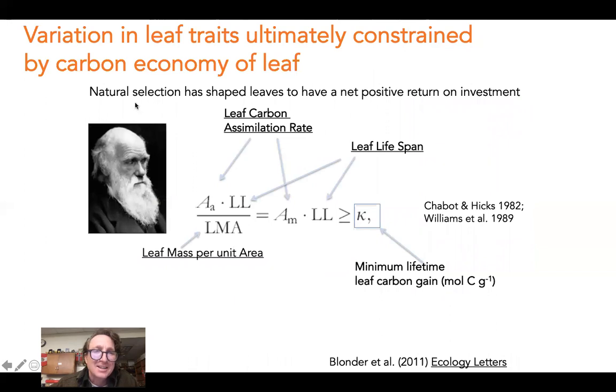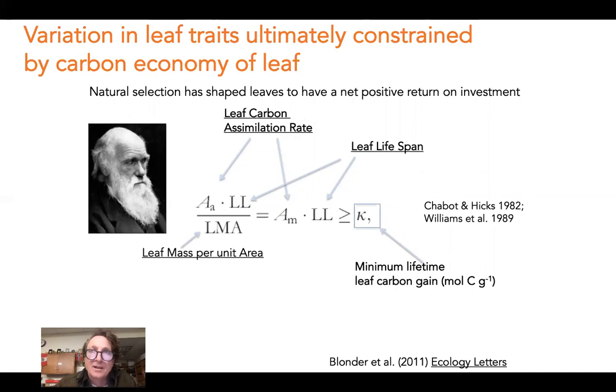The idea is that in different environments, as we go from deserts to alpine tundra to tropical forests, natural selection in each of these environments has shaped leaves to have a positive net return on investment. That is, if you're going to be a leaf that occurs in a given environment, that leaf has to have a positive return on investment.